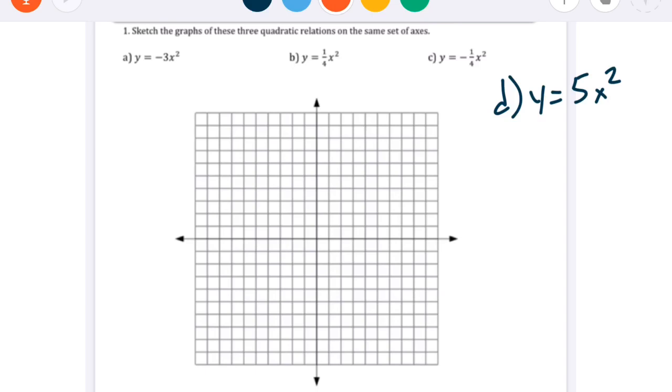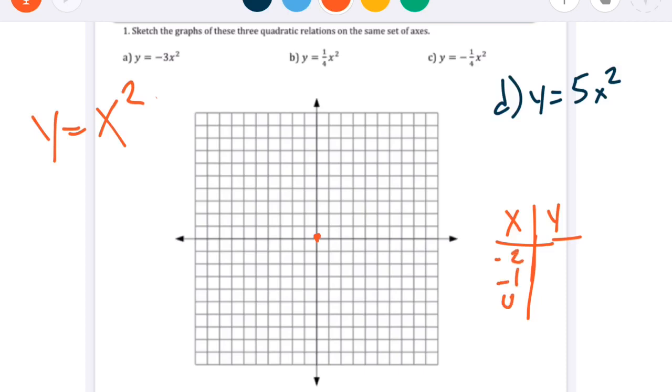But first, we talked about that parent function in the last slide briefly, but the parent function is y equals x squared. So that is just our basic parabola. The y-intercept is 0. Now you could graph all these by hand if you create a table and you plug in your x values for each of these parabolas.